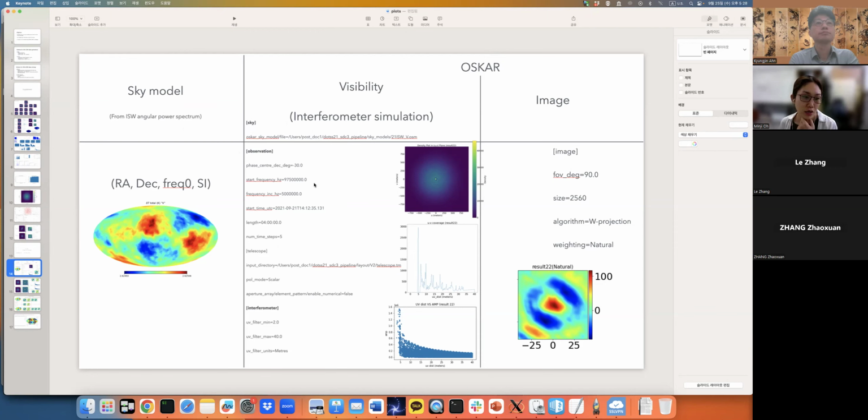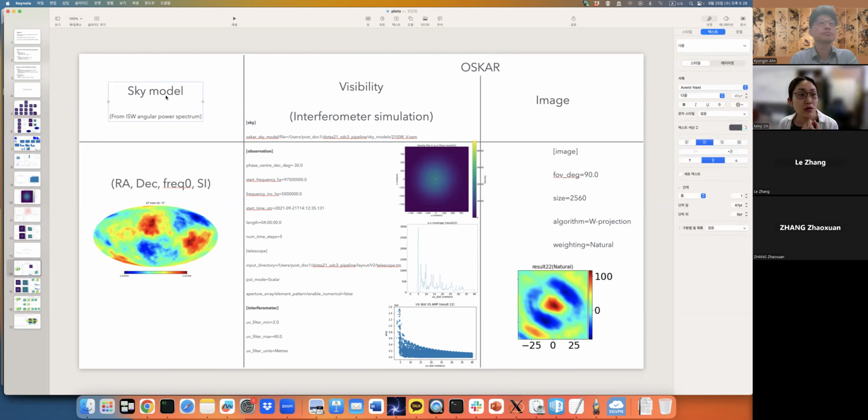So what I did is, first, based on the ISW angular power spectrum, we made a sky model. This is what it looks like, and it is the input for making the interferometer simulation using OSKAR. You can see some options that I chose for the observation setting and interferometer.